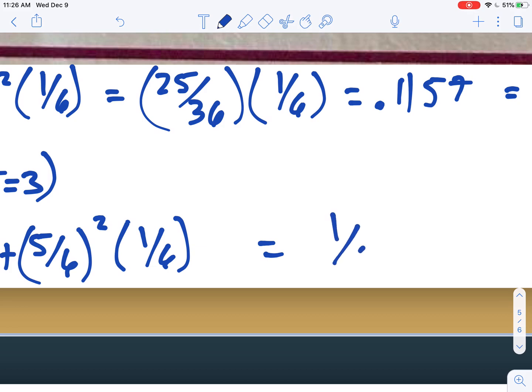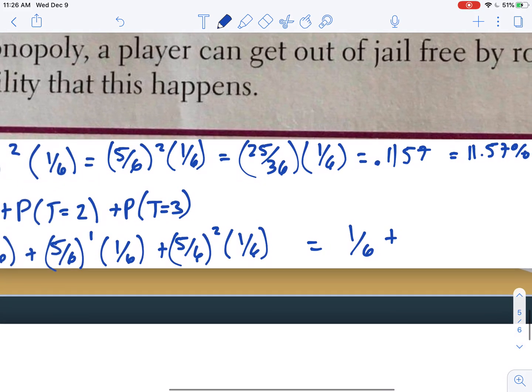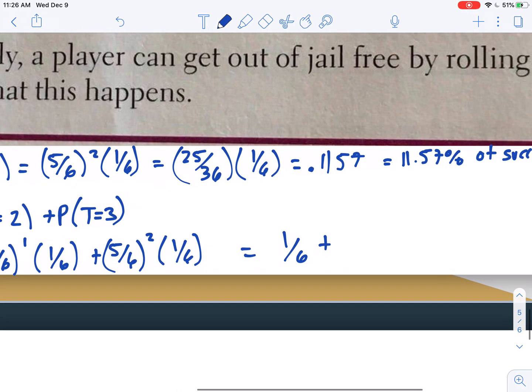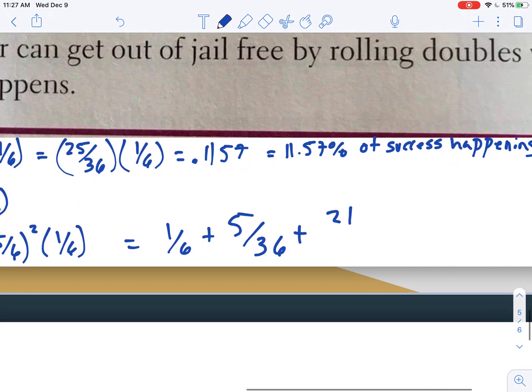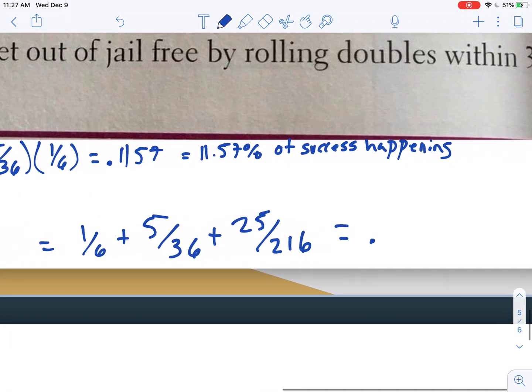So I've got 1/6 plus 5/36 plus 25/216. So this is equal to 0.4213.